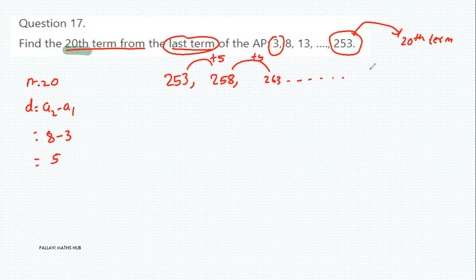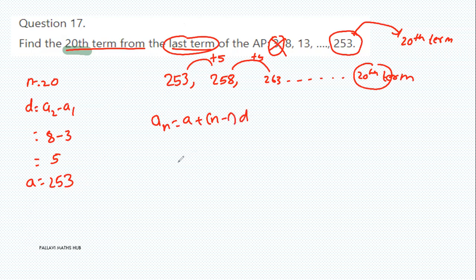It goes up to the 20th term, which you need to find out. So here the value of A will become how much? 253, not 3. The value of A is 253, not 258. You need to find out the 20th term from the last term. Same formula, An is equal to A plus n minus 1 into D. So here A20, you need to find out the 20th term.